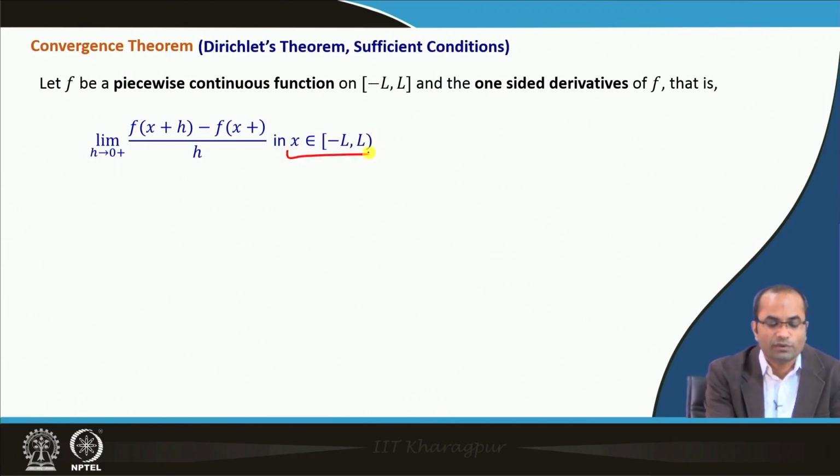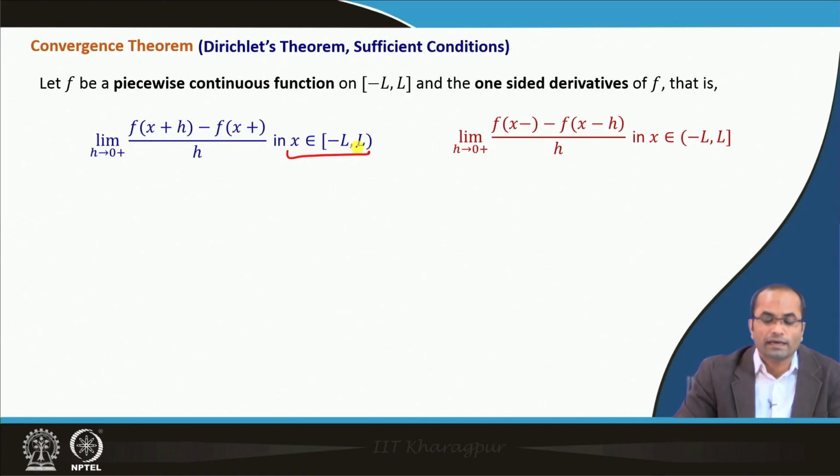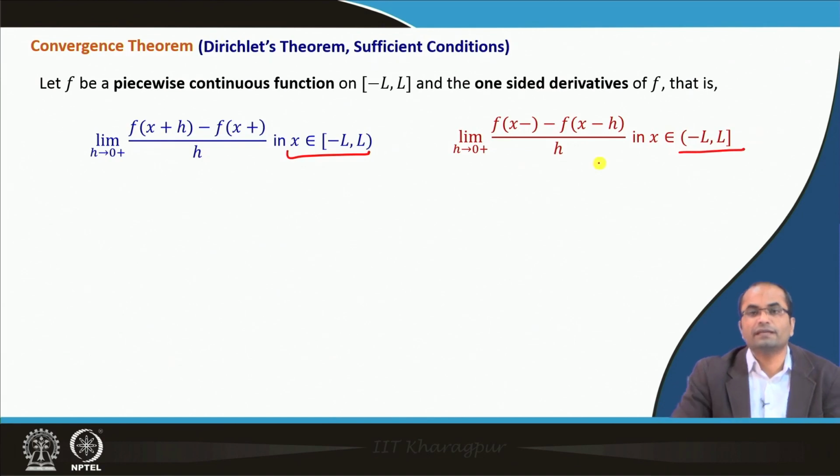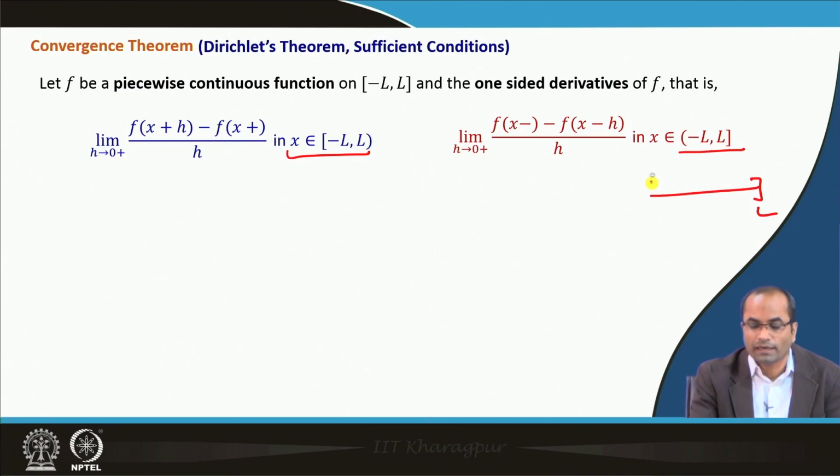At all these points, the right hand derivative should exist, and on the other hand, in the interval minus L open and L closed, the left hand derivative should exist, because if our interval is up to L and here we have minus L, at this point we cannot talk about the right derivative, we can only talk about the left derivative, whereas here we can only talk about the right derivative.